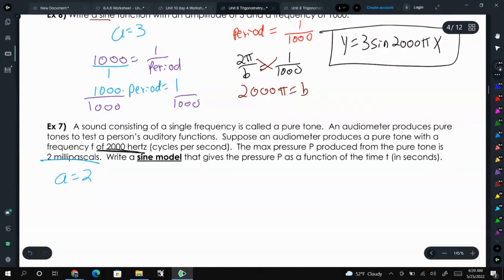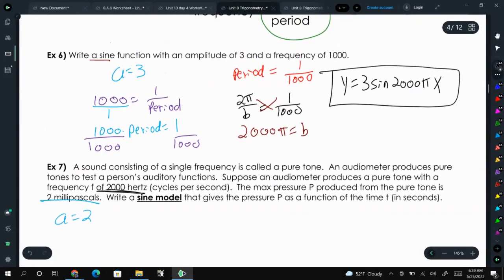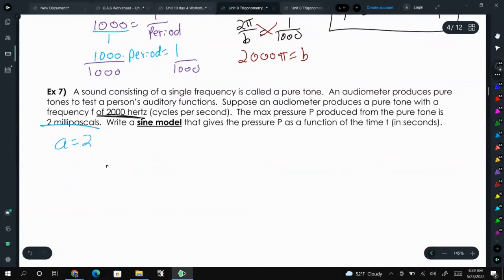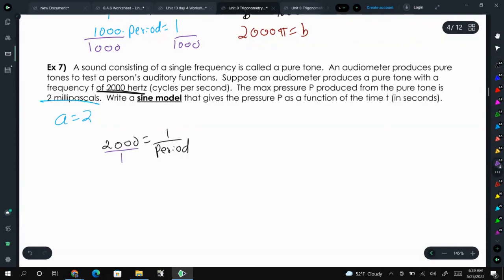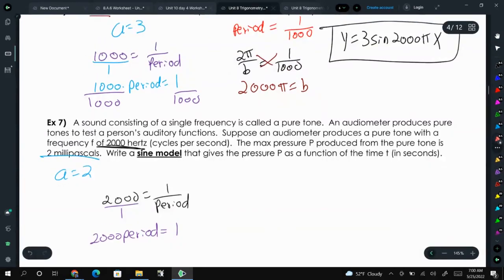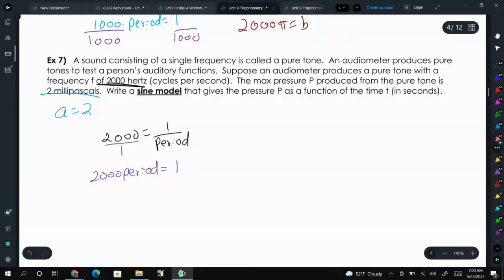So since our frequency is 2,000, we're going to do the same math that we did up here. So 2,000 equals 1 over the period. So if we cross multiply, 2,000 times the period equals 1. Now we can do a little bit of a shortcut because we know the period is 2 pi over b. So we can make that replacement now.